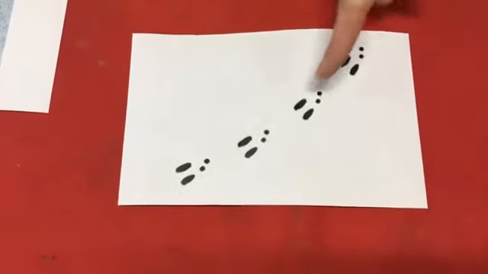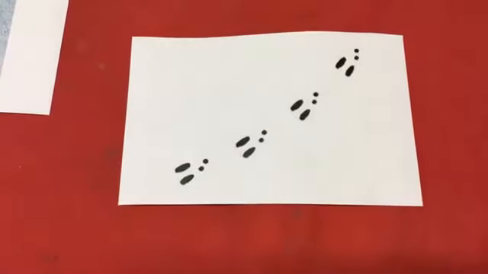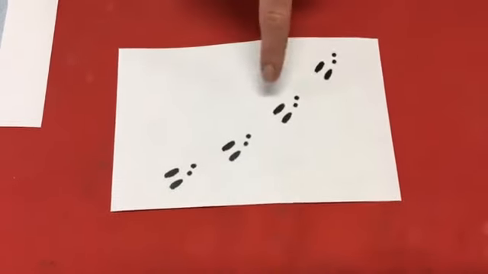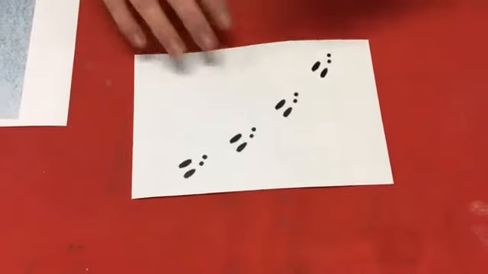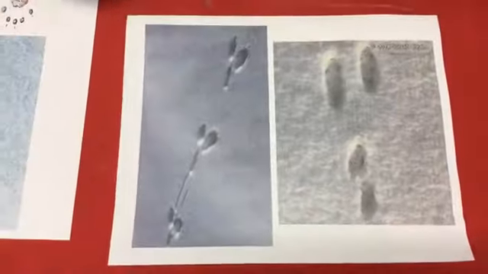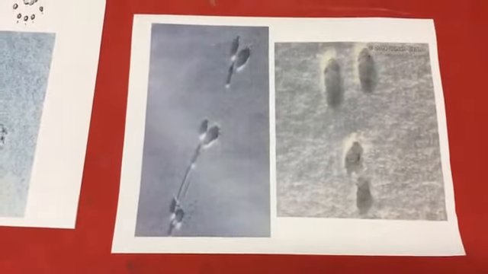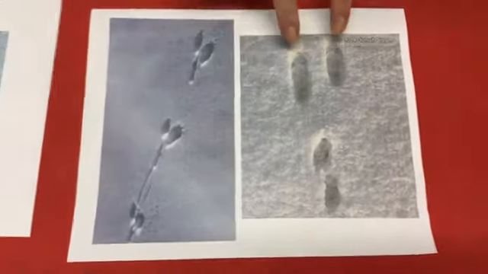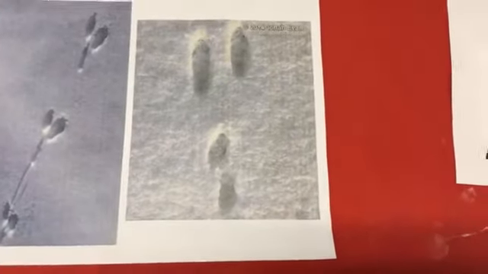But this is actually an animal that's moving this direction because this is a rabbit. And rabbits actually hop with their back feet landing in front of their front feet. So this is what that pattern's going to look like in the snow. You're going to see sometimes some drag marks from their little feet, but you're always going to see those big back feet in front of the front feet, which is pretty cool.